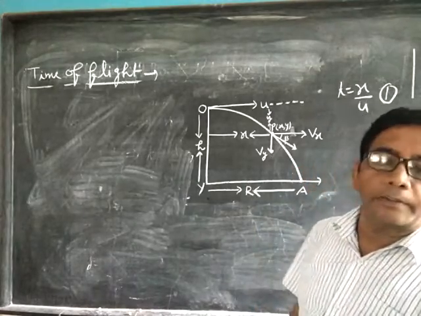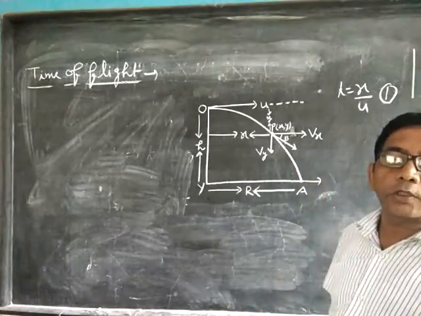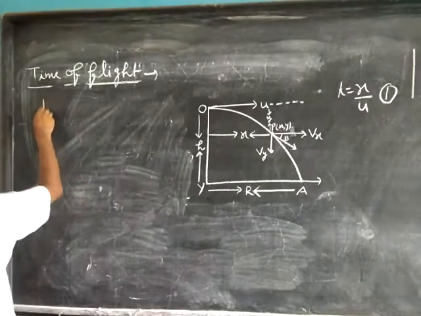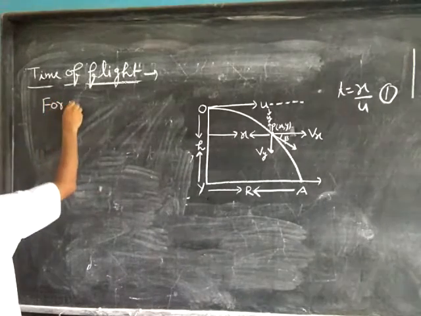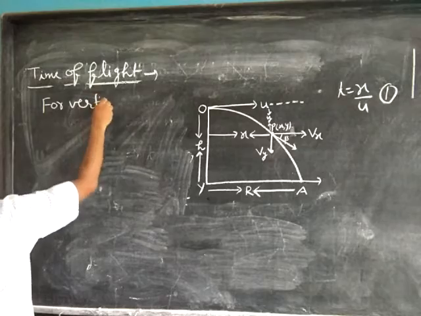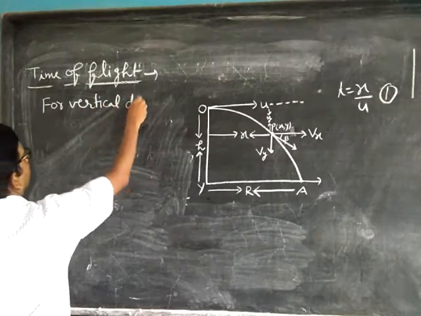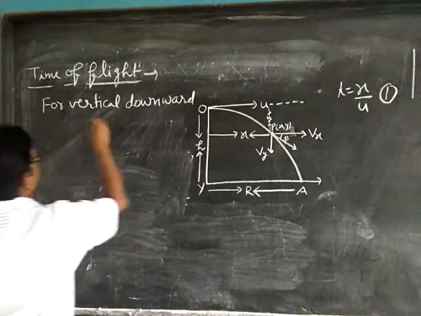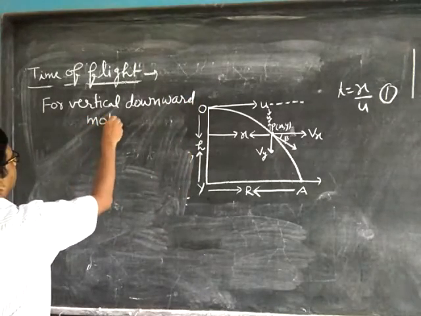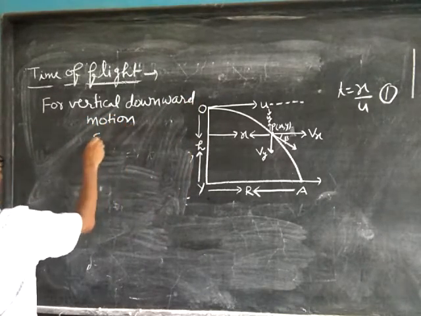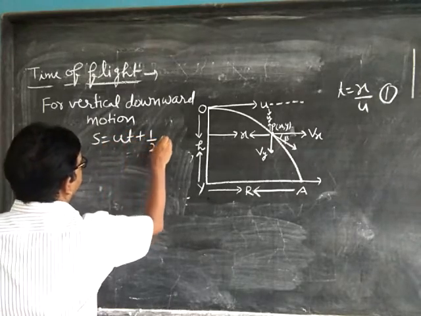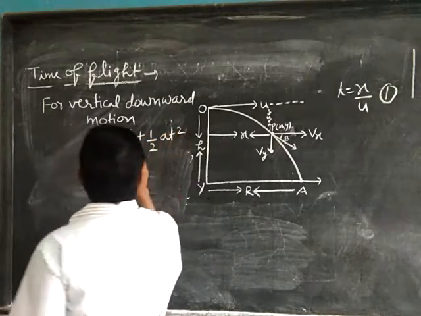For vertical downward motion, s is equal to ut plus half at square.